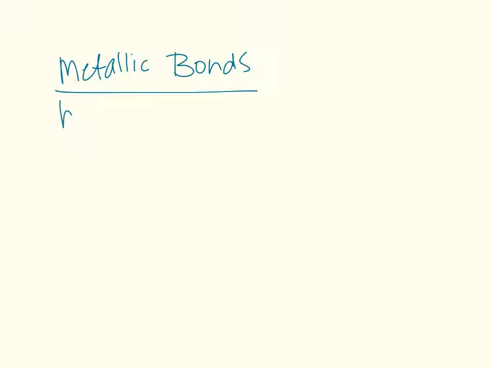Okay, and then the last type of bond that we would need to talk about are metallic bonds. And metallic bonds are between metals.